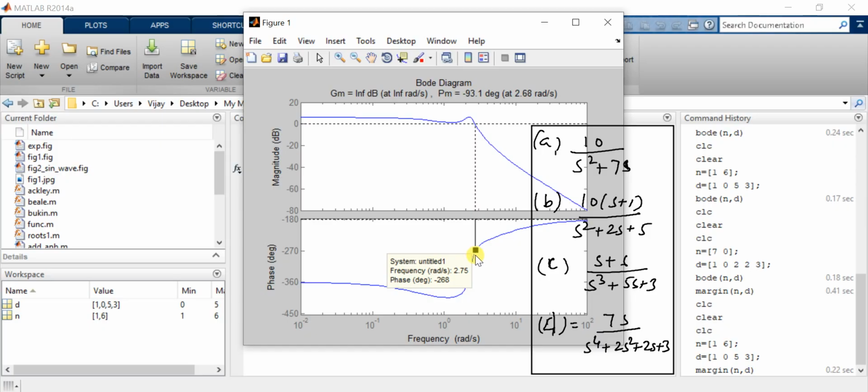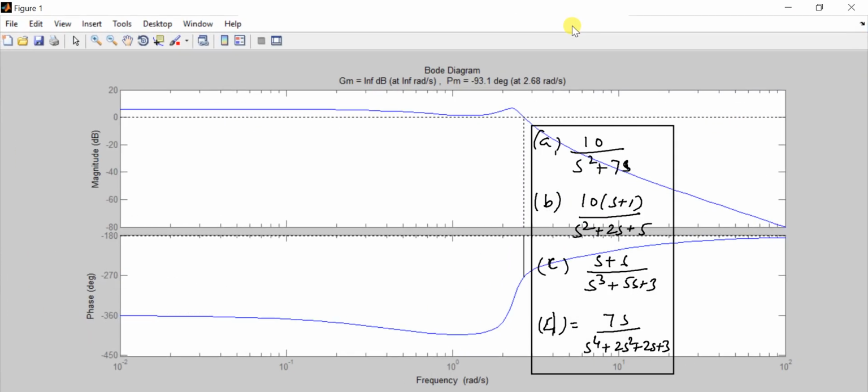This location is also wrong. So this is the particular location where the frequency is 2.68, 2.69 radian per second, and the phase angle is minus 273 degrees.